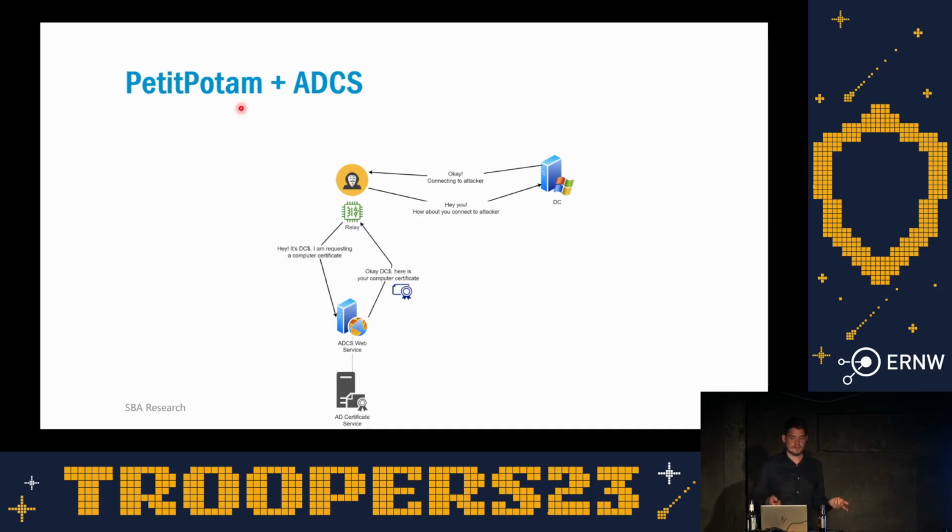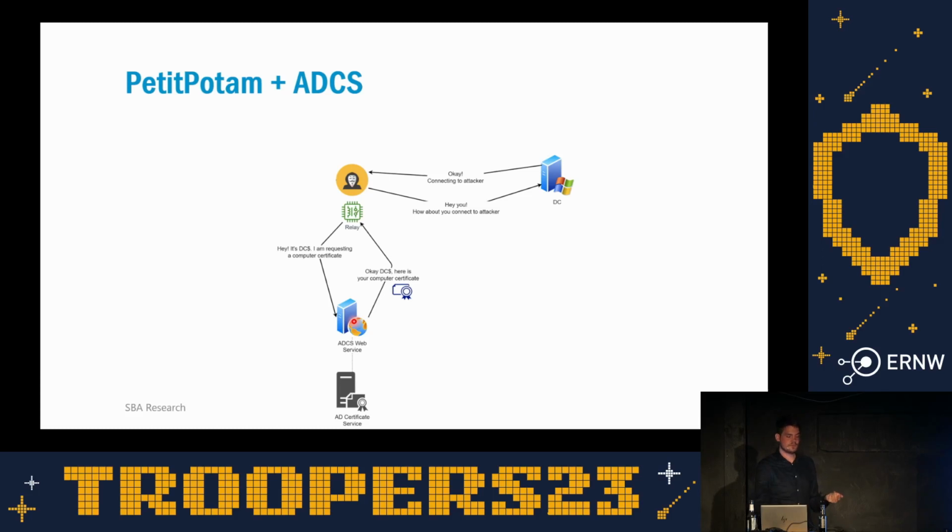So let me quickly show you how this attack worked, or still works, but normally the mitigations are in place. I hope this is not too small. Again, we do our coercion here. The attacker basically coerces the domain controller back to the attacker and then relays this authentication from the machine account of the domain controller to the ADCS web service.